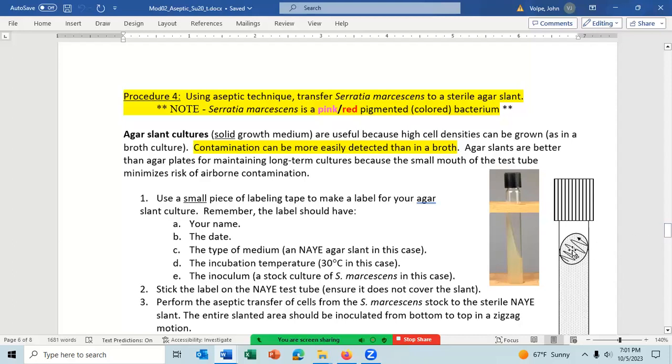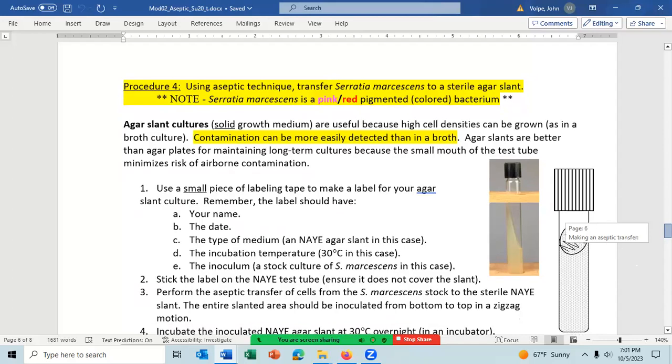And that would be a slight contamination because the majority of the tube is inoculated with the culture of interest. But you can tell because the bacteria do not mix together on a slant.